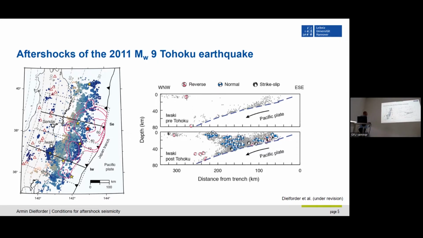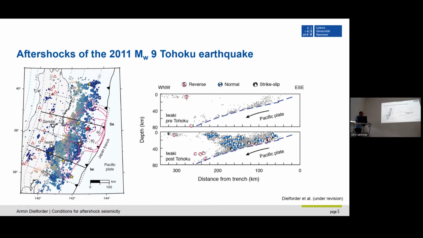The same, or a similar picture, appears if we look at the southern cross section indicated here. This is the Iwaki transect that crosses the southern slip patch. We have again very little seismicity before the earthquake, some thrust faulting in the onshore part, and after the Tohoku earthquake, you see all this intense seismicity within the forearc.